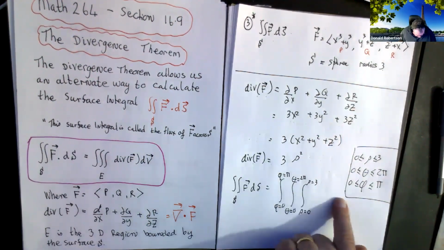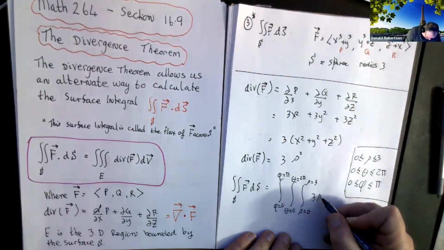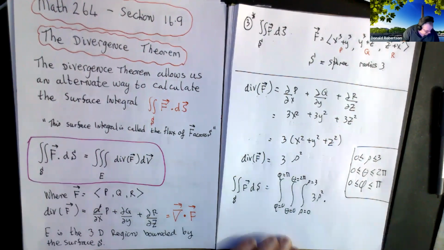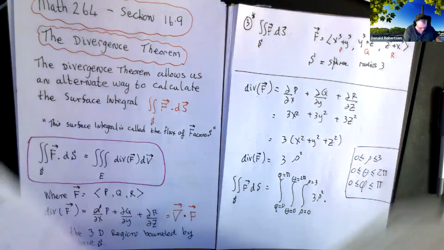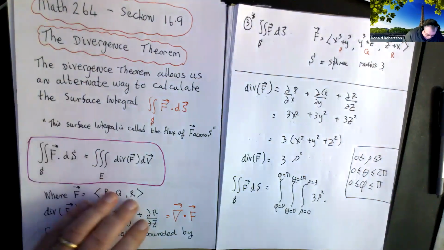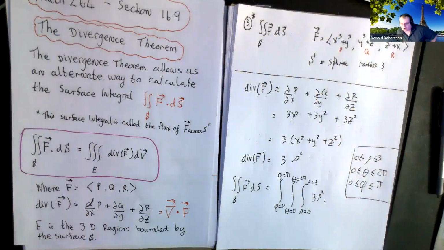Now, the div goes in here, which is 3 rho squared. Can anybody remember off the top of their head what dv turns into in spherical coordinates?